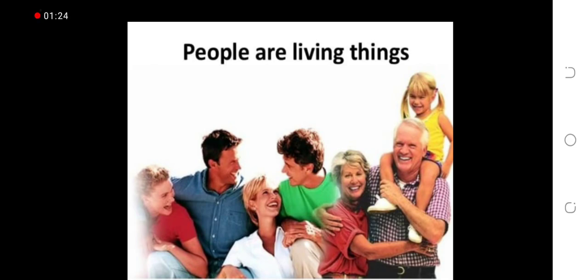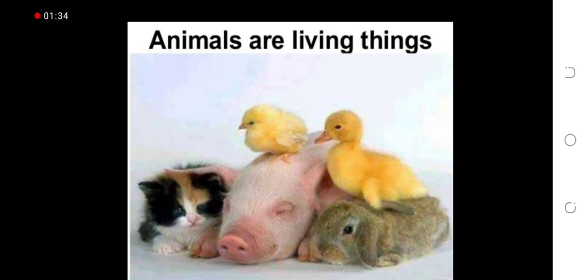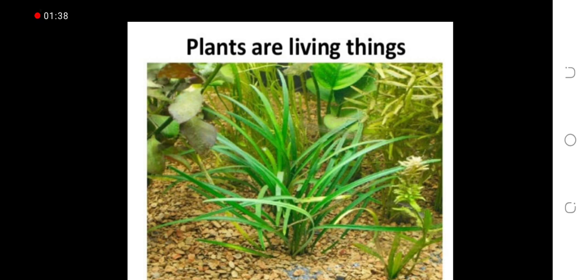Yes, all humans, for example, your parents, your brothers, your grandparents, they all are living things. And all animals are also living. All plants are also living because they can grow.